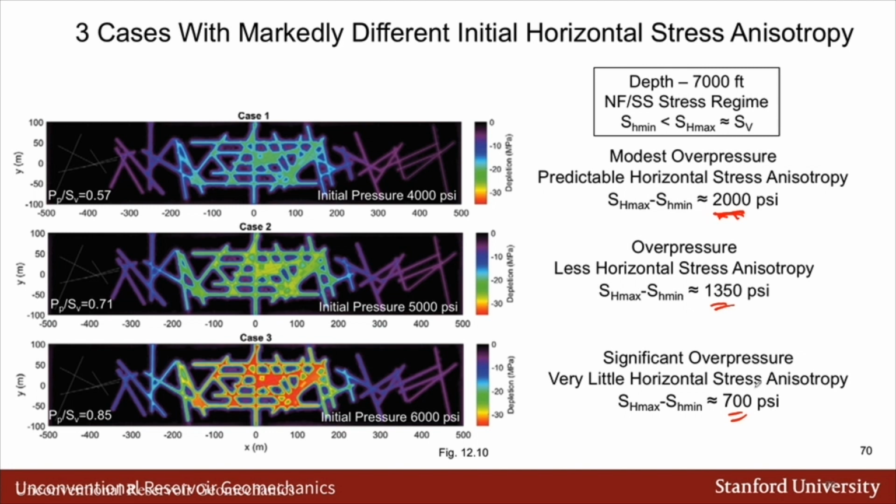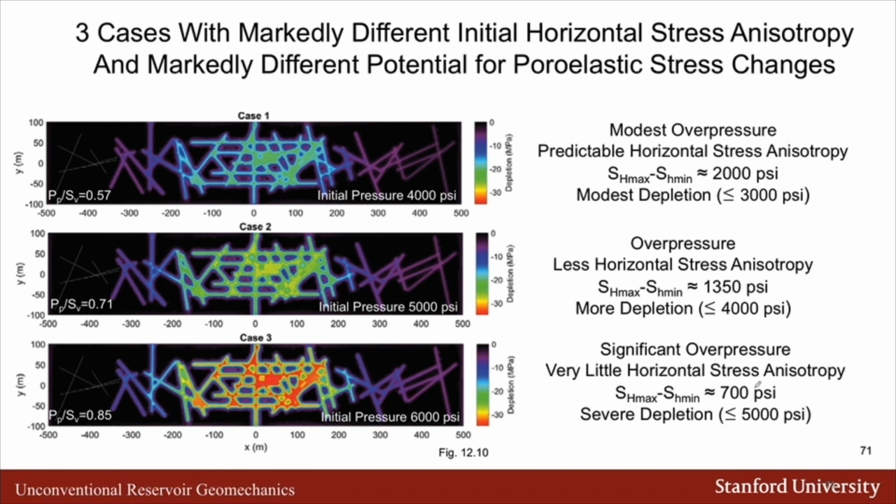But of course, in the first case, we have significant stress anisotropy, but modest depletion, because the pore pressure starts at 4,000 psi and it's only 1,000 psi in the well, in the bottom hole flowing pressure. In this case, the stress anisotropy is lower, but there's more depletion. And in the final case, the stress anisotropy is very low, but the depletion is very high.